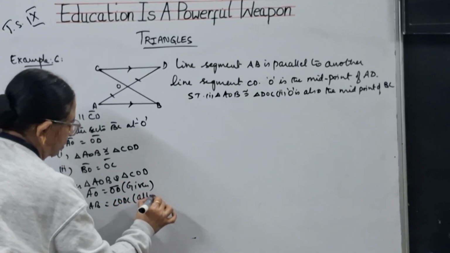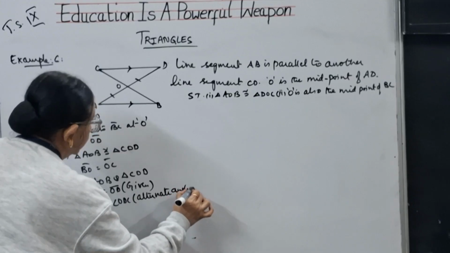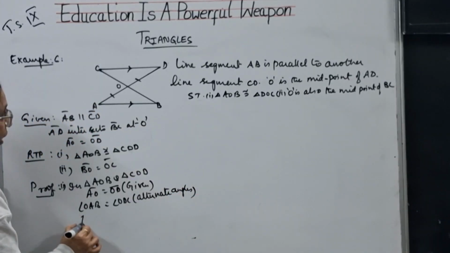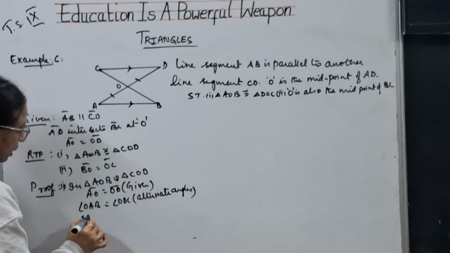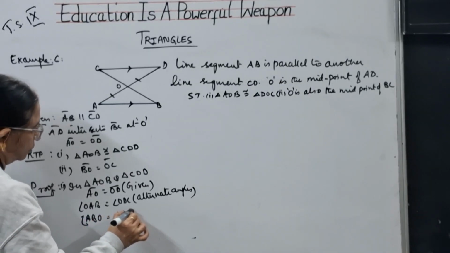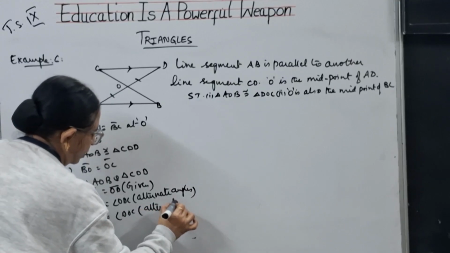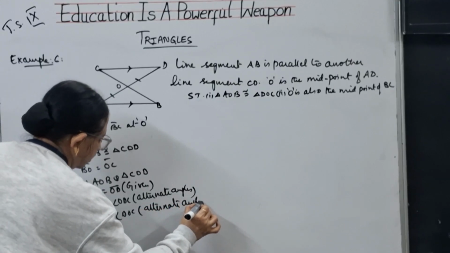They are alternate angles. And angle ABO is equal to angle DCO. This is also because they are alternate angles.